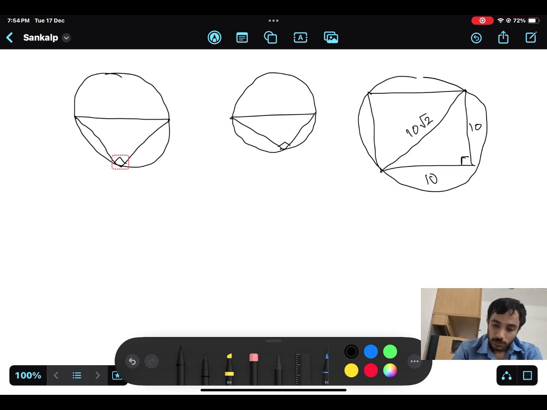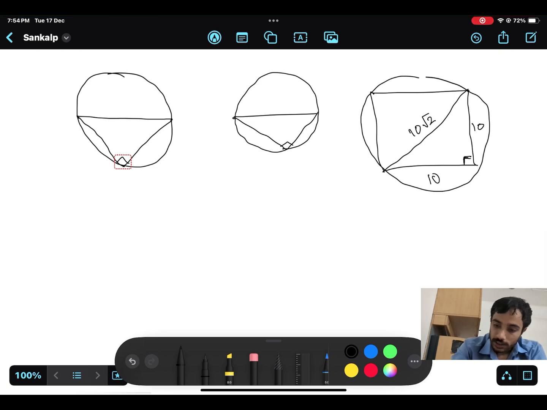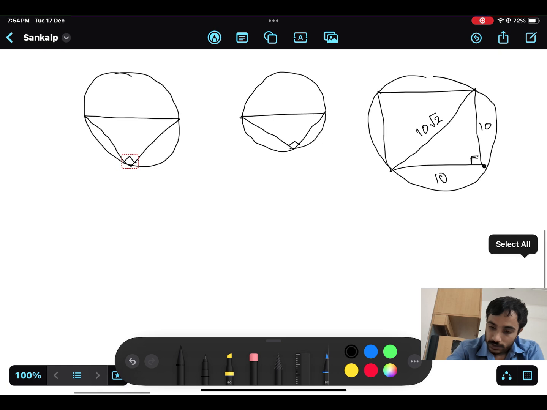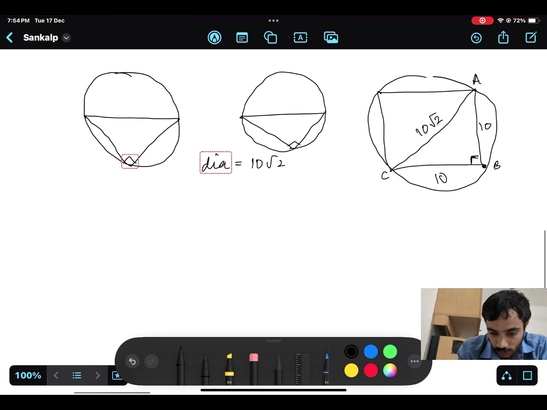Now if we see the property which we just discussed, this is 90 degree and it is lying on the circumference. And if we see this triangle ABC, the AC is the hypotenuse of this triangle and it automatically becomes the diameter. So the diameter is 10 root 2, which is 2 times the radius.